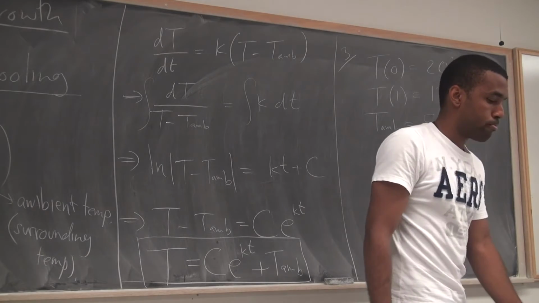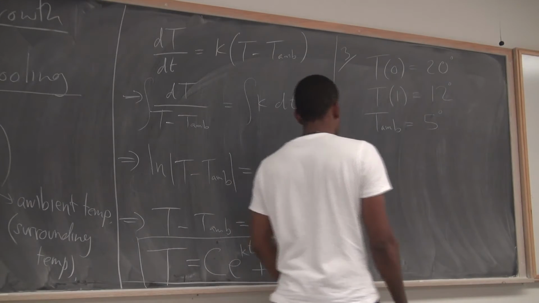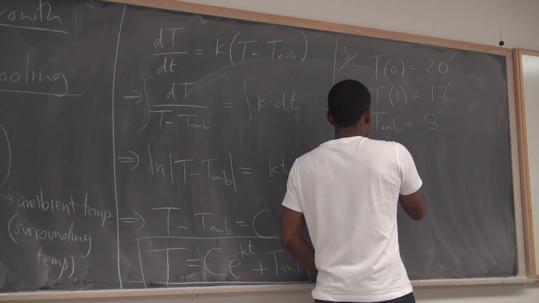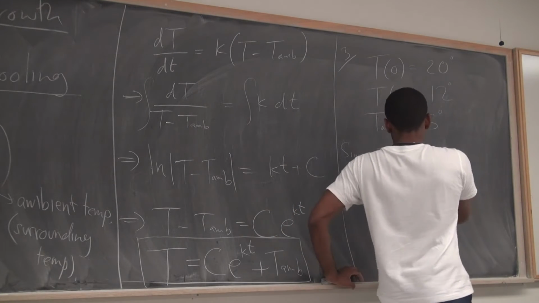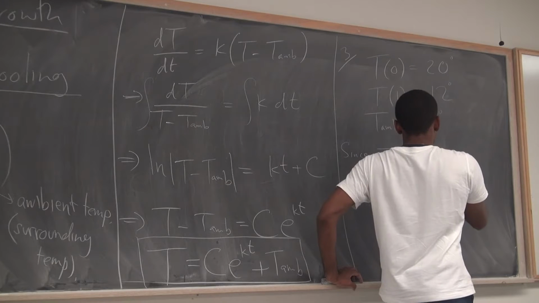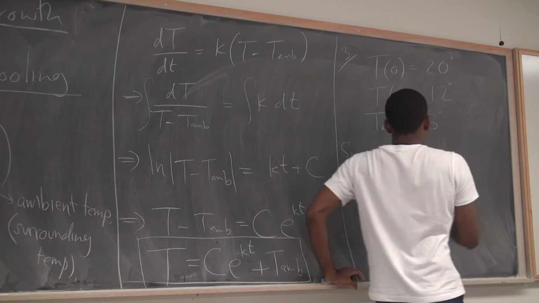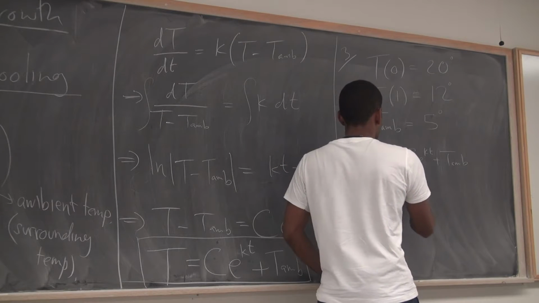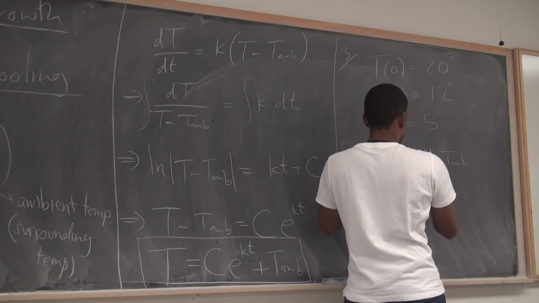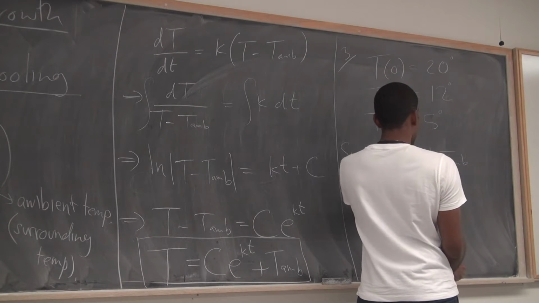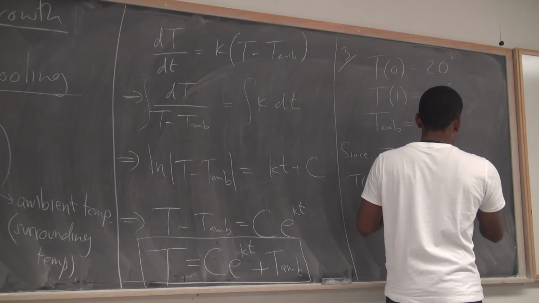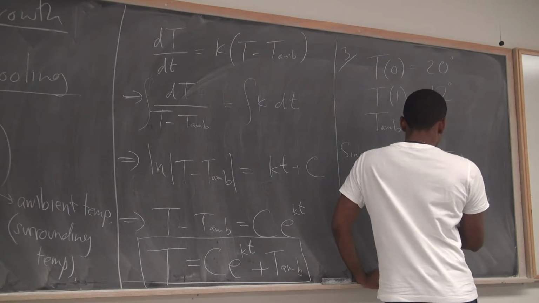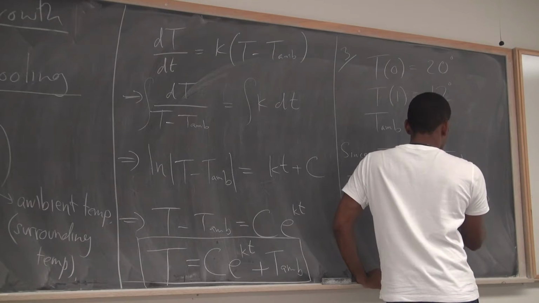So how do I figure that out? Well, I know this formula: T equals C e to the kt plus the surrounding temperature. T of 0 equals 20 means that this is 20 when t is 0. So this just gives me C plus the surrounding temperature, which is 5, which means C equals 15.